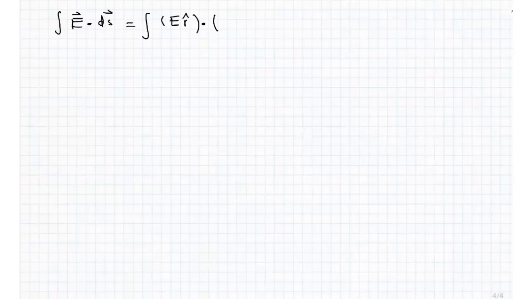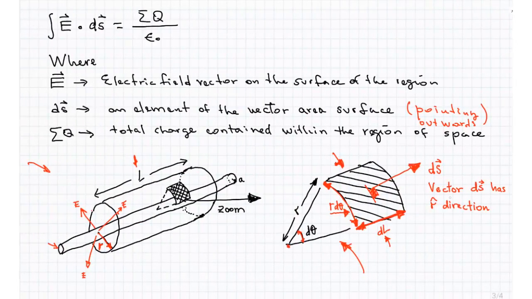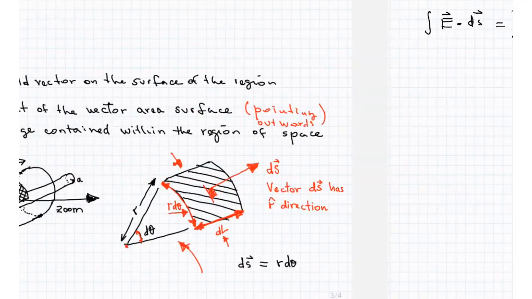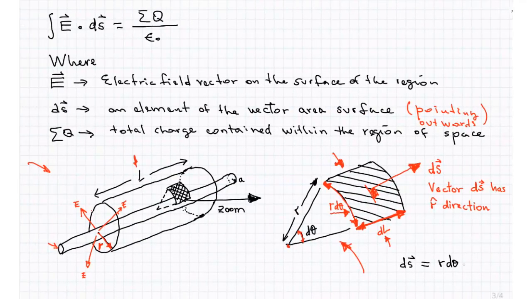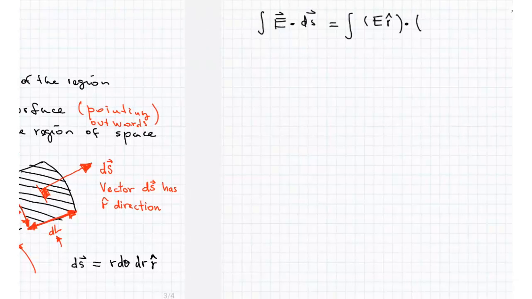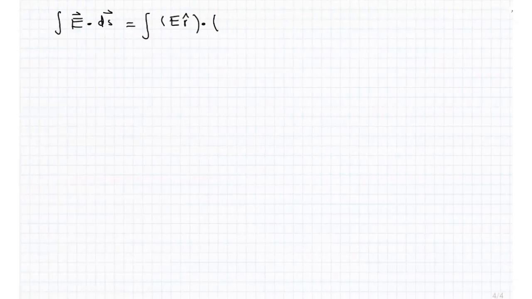But ds, as you can see, is the product of its dimensions, so it is r d theta dl, pointing in the radial direction. So we can write E dot ds as E r r d theta dl.